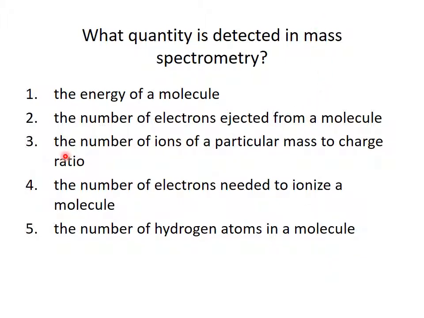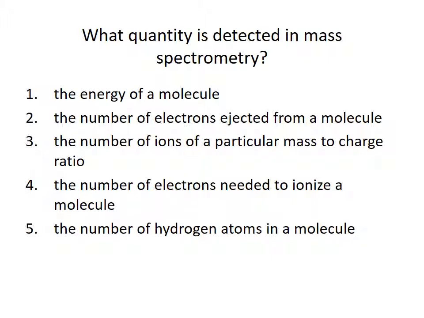The thing that we measure is the mass of the ions that are produced from ejecting an electron from a molecule. It forms both molecular ion and fragments, and when it's shot into the magnetic field, we're actually measuring the mass to charge ratio.